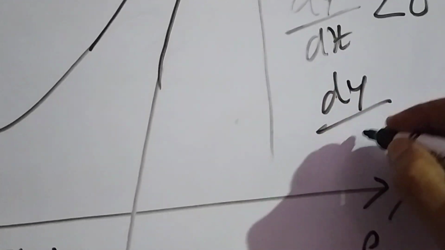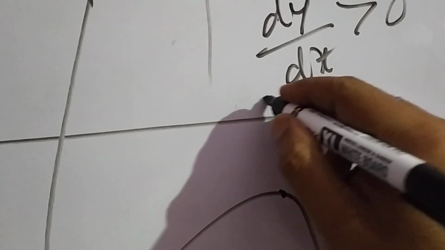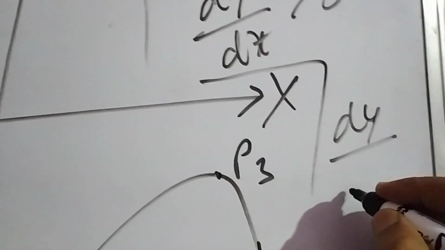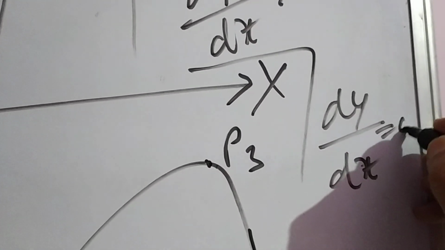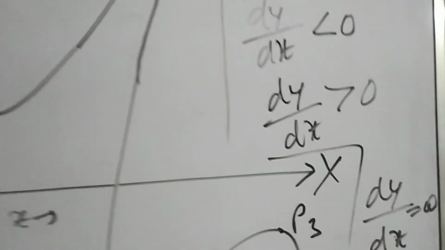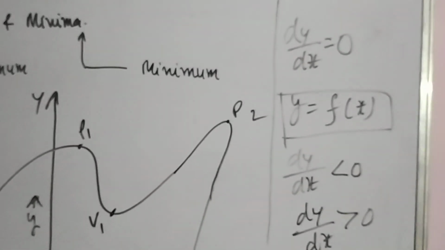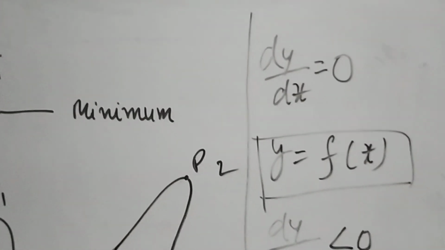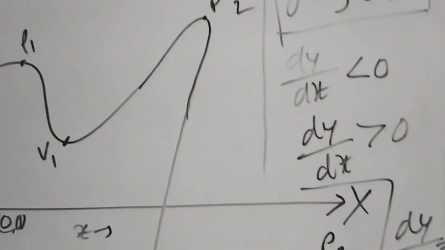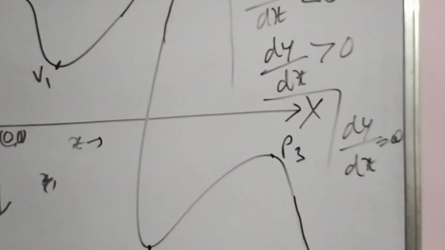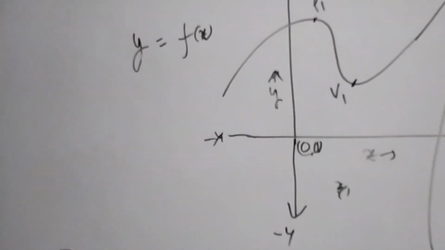If dy by dx is greater than 0, or dy by dx is infinite. These are the conditions. What will happen? We will discuss in the next session.